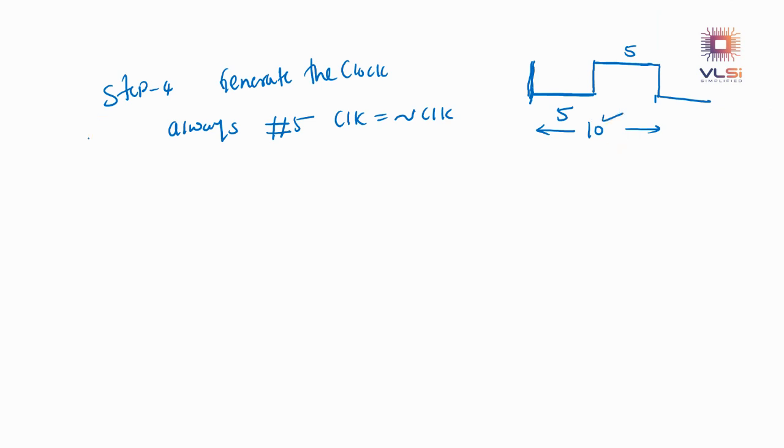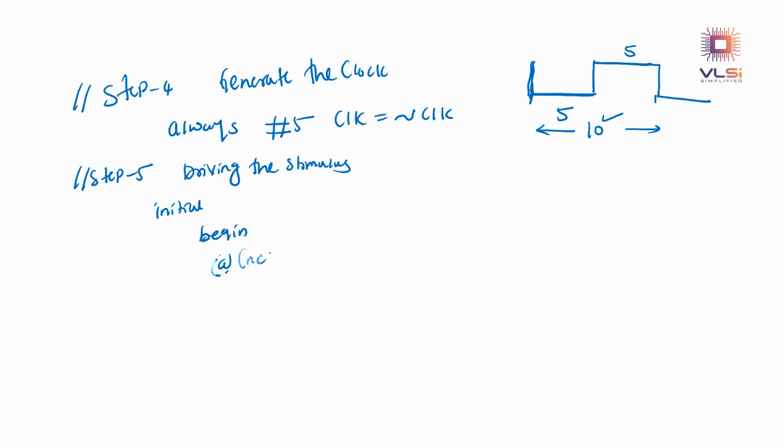And step 5, I need to drive the stimulus, that means I need to give the test vectors. Driving the stimulus: initial begin, at negate of clock, reset equal to 1.